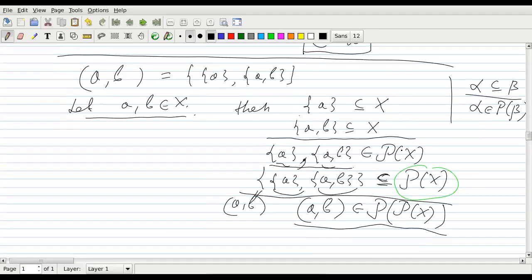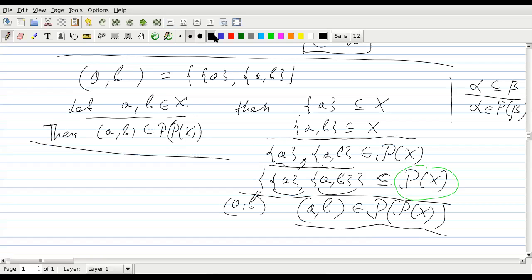Okay. So we see that the ordered pair is an element of this set. We have found a set where our pair belongs to.